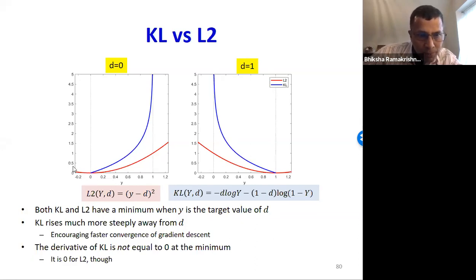At the minimum, the L2 divergence has a derivative that's 0. At the minimum, the KL divergence has a derivative; the slope is not 0. At this point the function has a slope that's non-zero, which means simply looking at the derivative to decide if this is a minimum is not going to work.